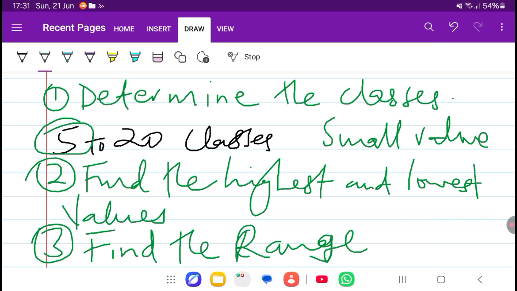So that if data is spread in 5 classes, you can be able to internalize the data and see maybe where the data has concentrated most. Then you can also be able to do other mathematical computations that can help you to analyze the data better.